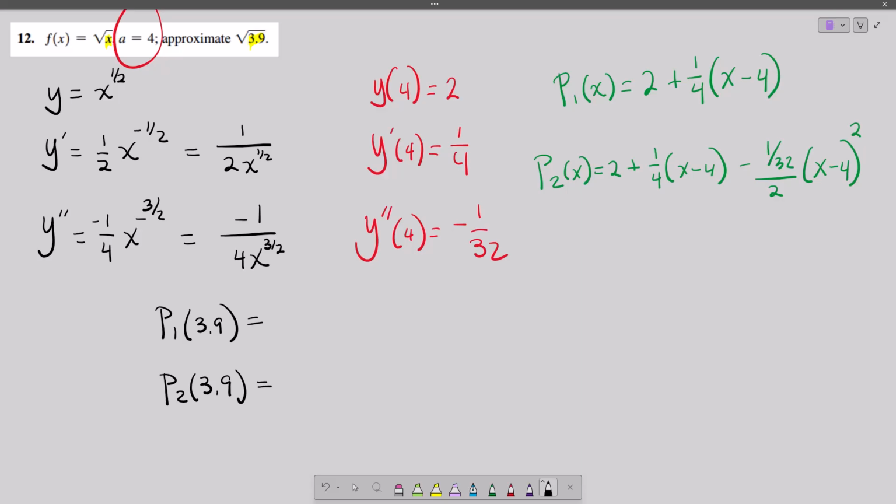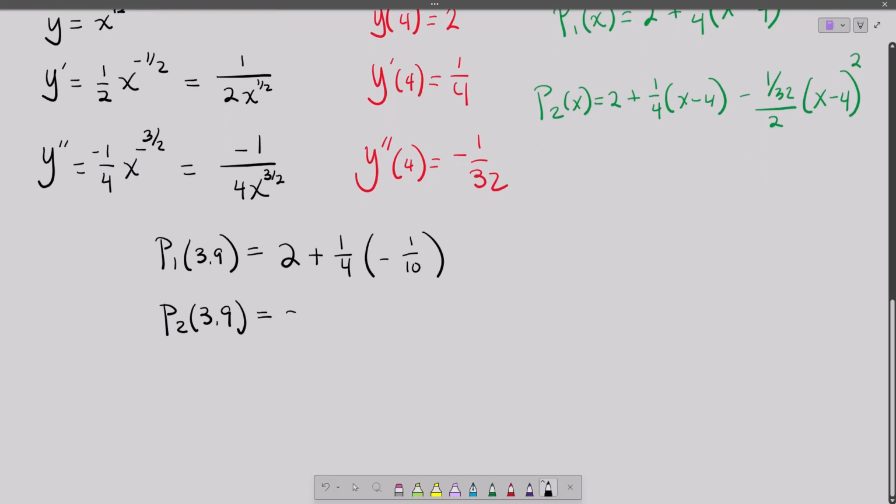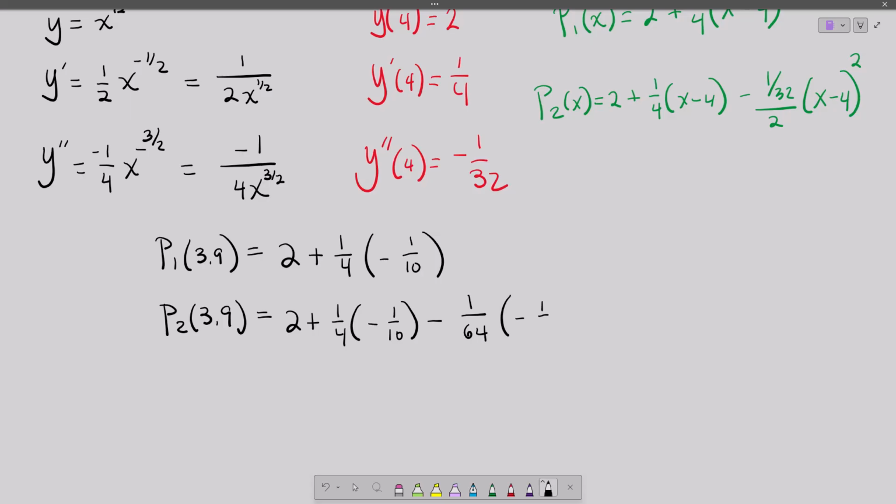So 3.9 goes in here. 3.9 minus 4, negative 1/10. So we're going to have 2 plus 1/4 times negative 1/10. And then down here, we're going to have that same thing. And this is going to be negative 1 over 64, negative 1/10, quantity squared. And we are going to get approximations for each of those.